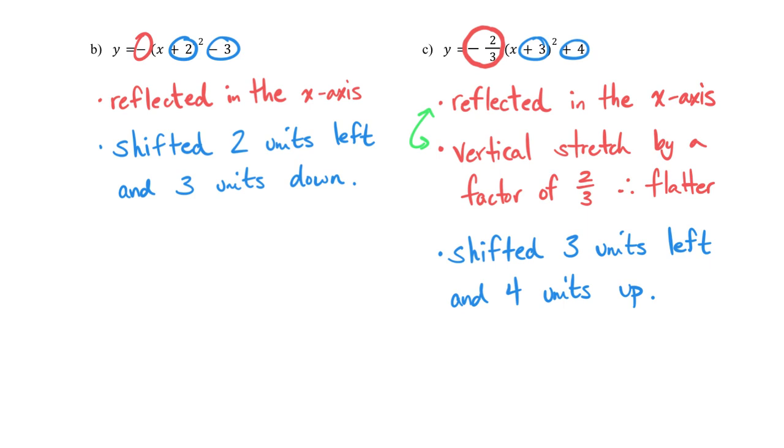Okay, there we go. Can I please just have one more little comment about that red? Please don't ever tell me that you have a vertical stretch by a negative factor. If you tell me that you're doing a vertical stretch by a factor of negative 2/3, then you've missed a transformation.